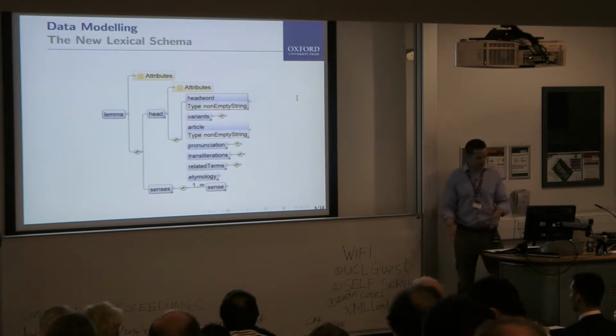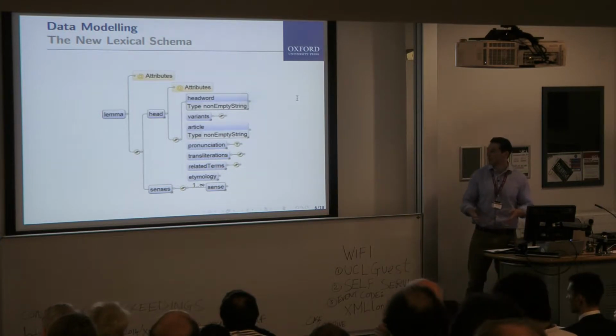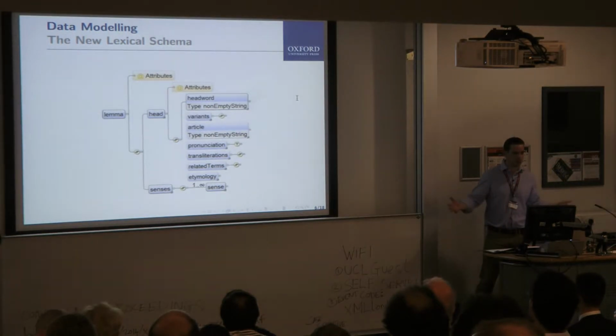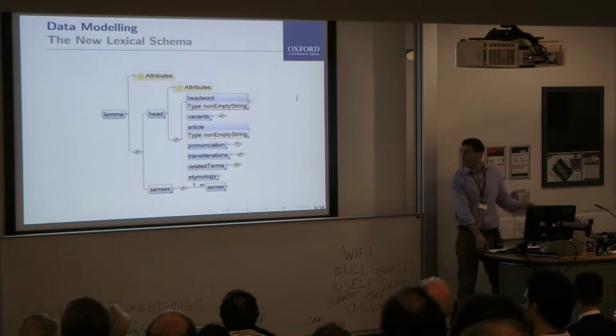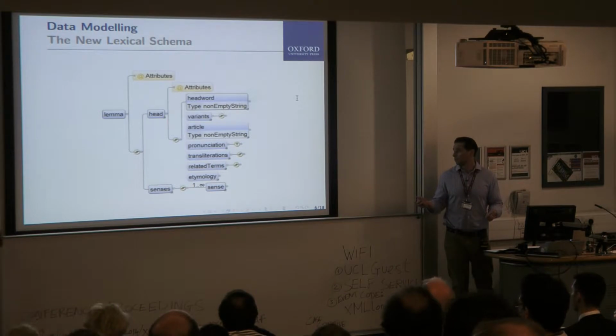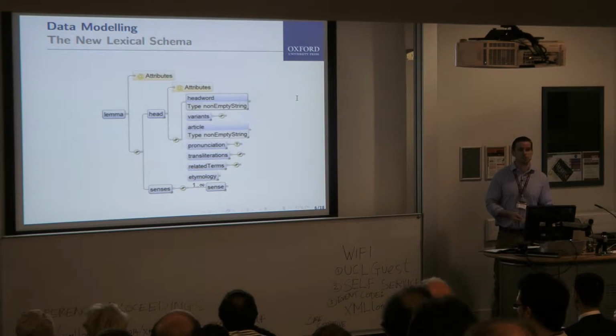If a particular language family has a set of requirements, we can build a separate module for that rather than having to incorporate those requirements into the data model as a whole. Key metadata comes from controlled vocabularies, and we've also embedded schematron rules to tighten things up as much as we possibly can.